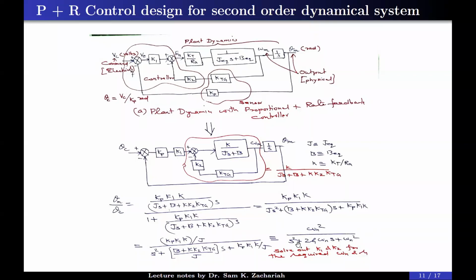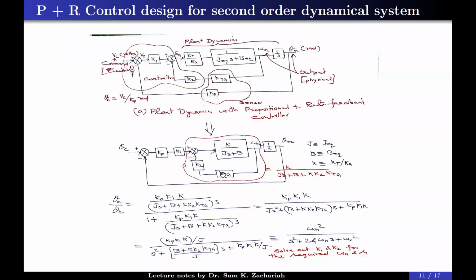Now, there are some schemes where the derivative controller is put in the forward path. That is, the same gain K2, where here we are feeding back the rate omega m into K2 into KTG.